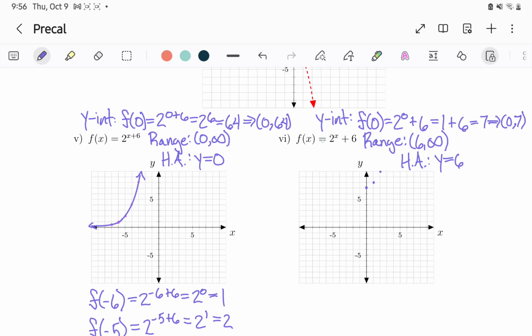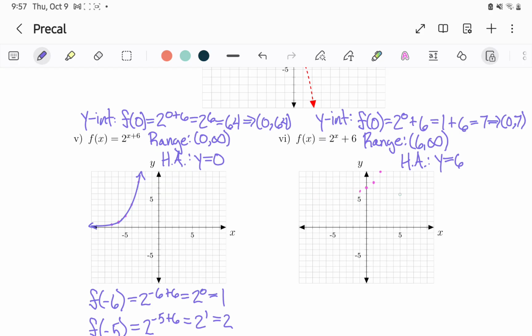Okay, and then f of minus 1 is going to equal 2 to the minus 1 plus 6. So in other words, 1/2 plus 6, or 6.5. So it's going to be halfway between 7 and 6, right there for that point. Right, and now let's go ahead and connect these.